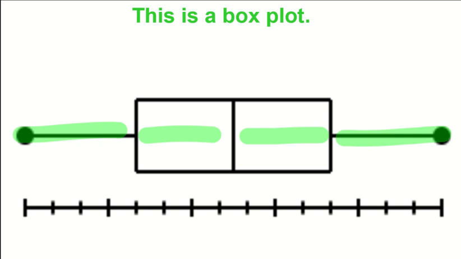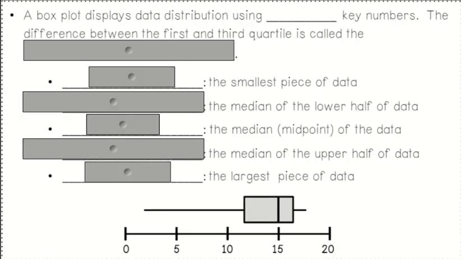Those sections, each section is referred to as a quartile. Think like quarter, right? 4 quarters in a dollar, 4 quarters in a game, 4 quarts in a gallon, right? Quart is going to mean 4. So each one is a quartile. And we'll get to those a little bit more in a second.